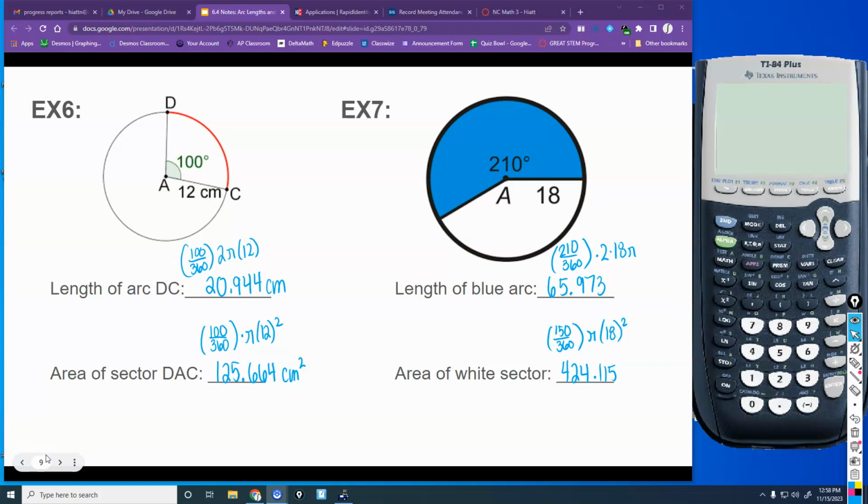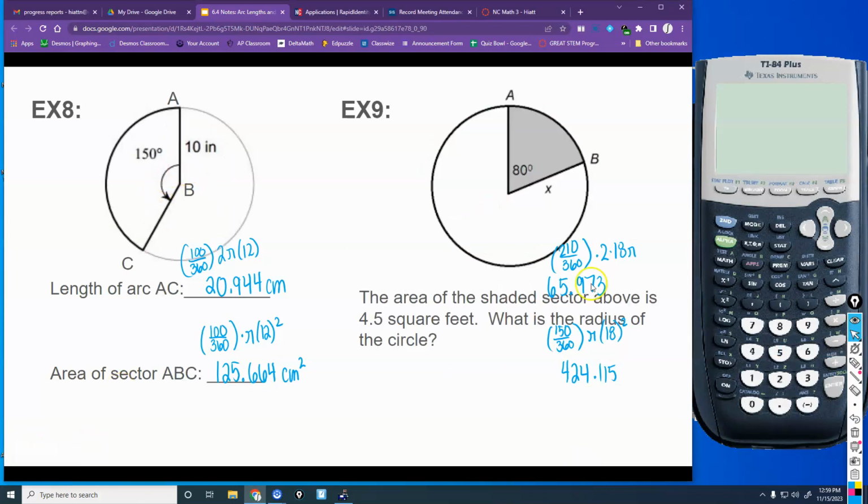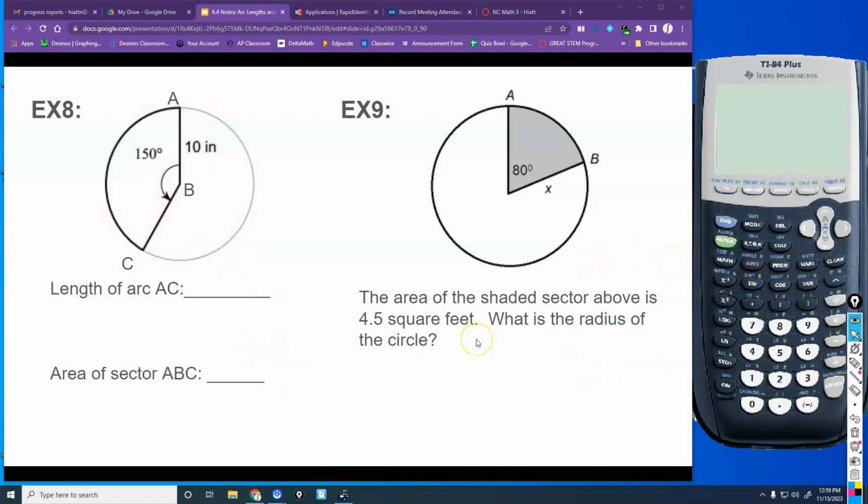Okay, I've got just a couple more. In fact, I might skip 8. 8 is a pretty straightforward problem. I would like to look at 9 because it is a backwards problem. They give you the area of the sector. They ask for the radius of the circle.